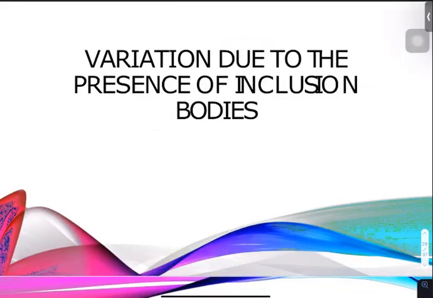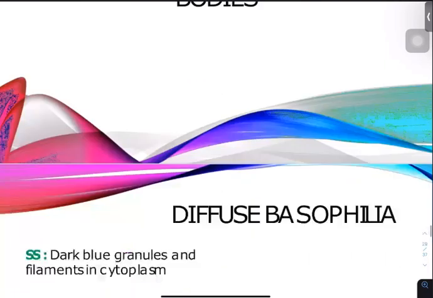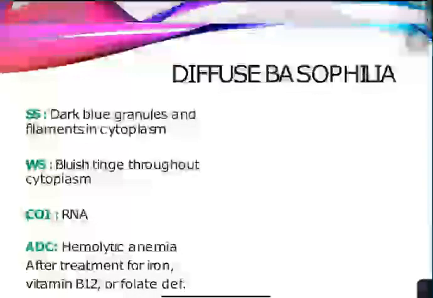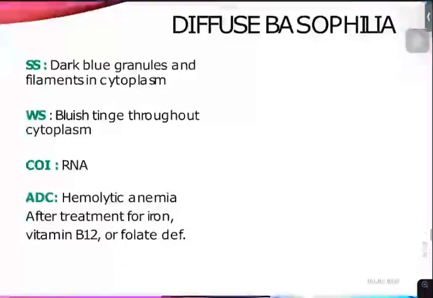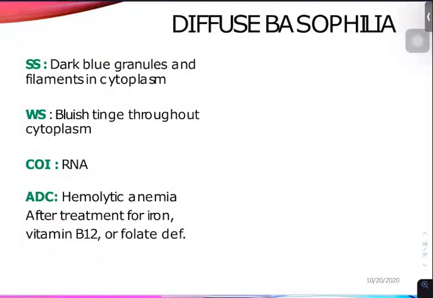Next is the variation due to the presence of inclusion bodies. So, we said earlier, we mentioned the Heinz body, which is an inclusion body of the RBC. First is your diffuse basophilia. These are dark blue granules and filaments in the cytoplasm of your RBC. Usually it looks like your cell with dark blue staining.